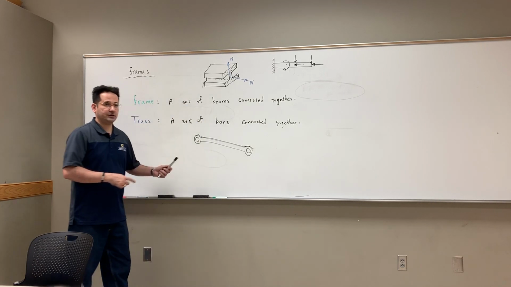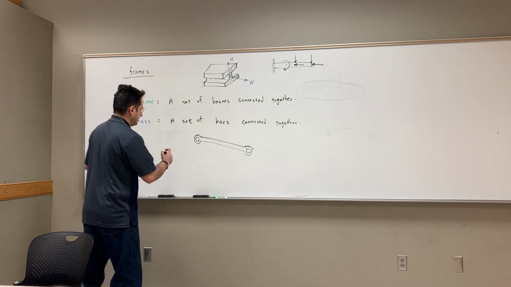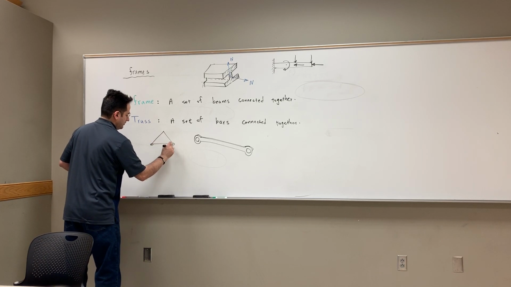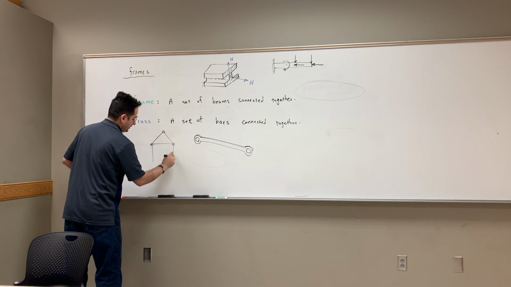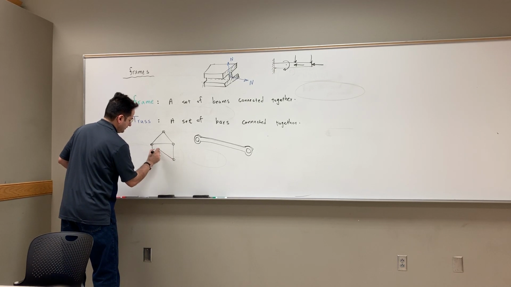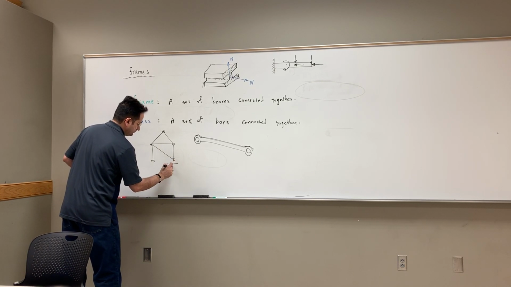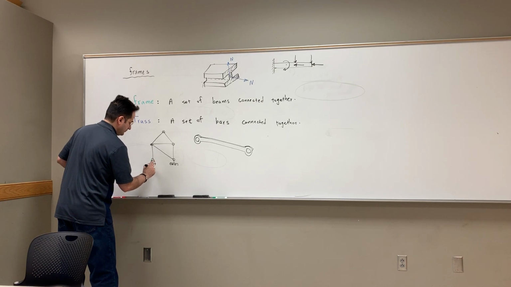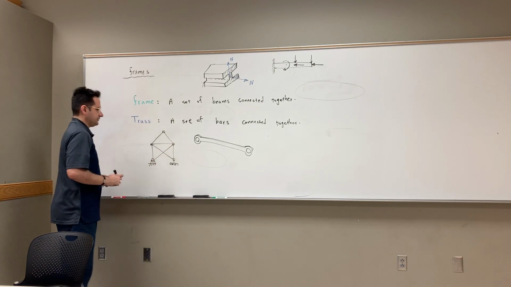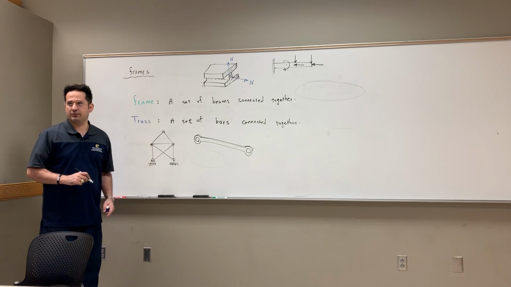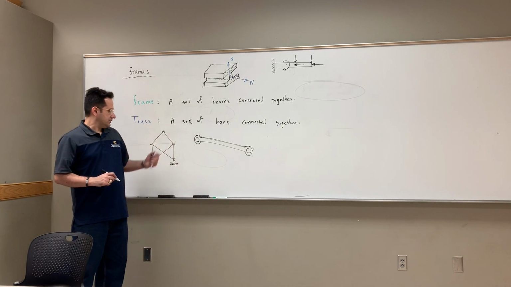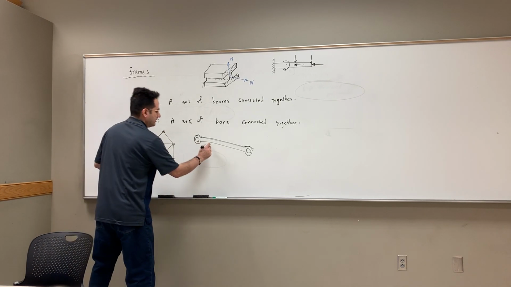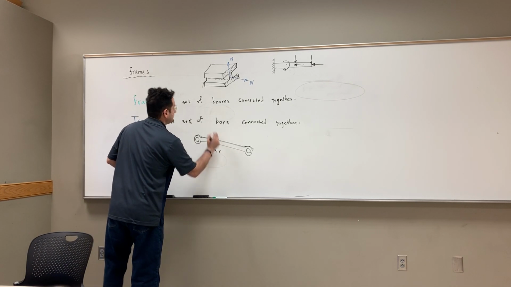So if you have a bar like that, and let's say you have a structure, it's a truss. You connect a bunch of them together. This is your house, bar, truss, right? Connect a bunch of these bars together, and this is a truss. And this is a beam.